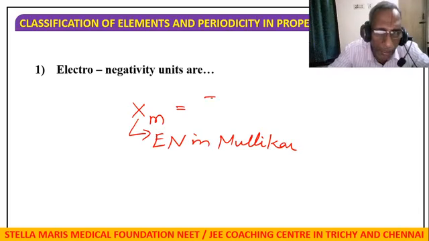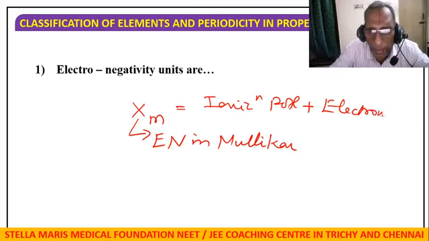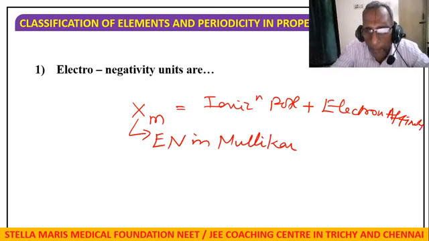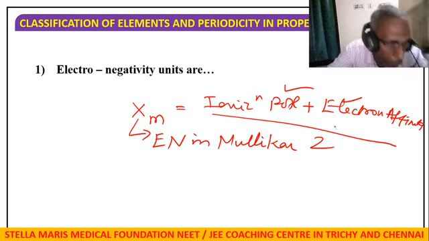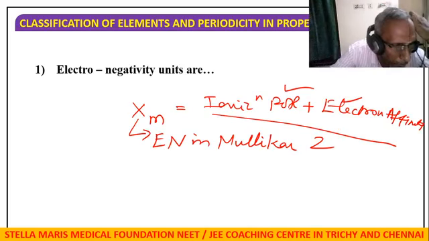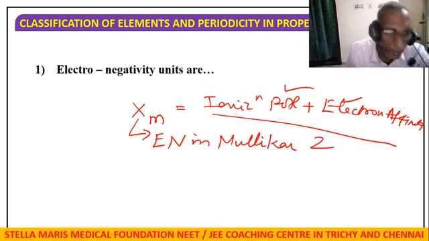It is the average of ionization potential and electron affinity. Ionization potential is written as IP. Average means you have to take the sum divided by the number of data. Two data are there, ionization potential plus electron affinity. That is what is meant by electronegativity.